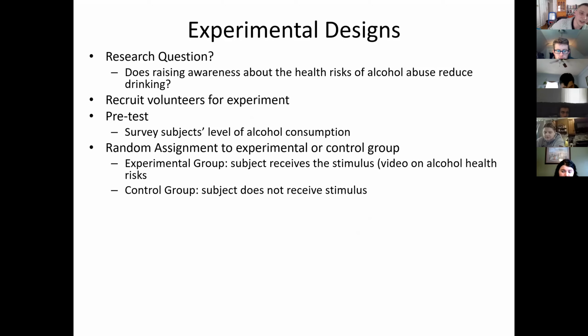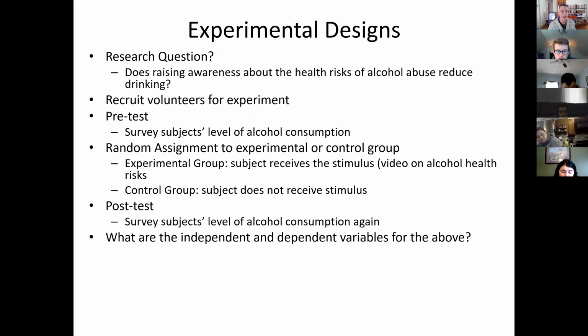The idea here is that everything happened the same so far with the experimental and control group, except that the experimental group gets the video on the health risks of alcohol, where the control group does not. And then we contact them again later. Hopefully we can make contact with most of them. It's a real problem if you can't contact more than 50% of the people who initially signed up.